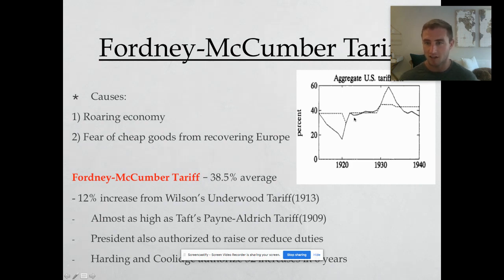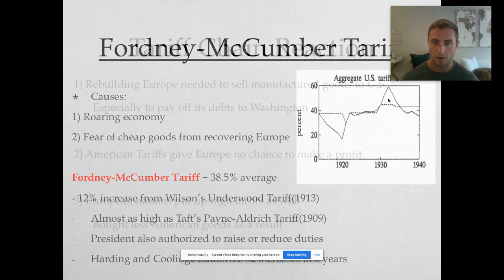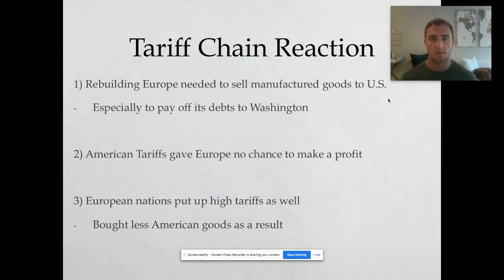You can see the American tariffs rising very slightly initially, and then boom, in 1930, that will be our Hawley-Smoot tariff. Okay, when we raise our tariffs, that's going to start a little bit of global economic nationalism. What that means is, especially Europe, after World War I was in shambles.